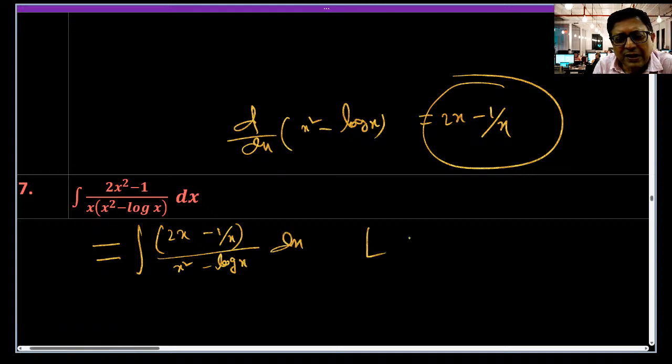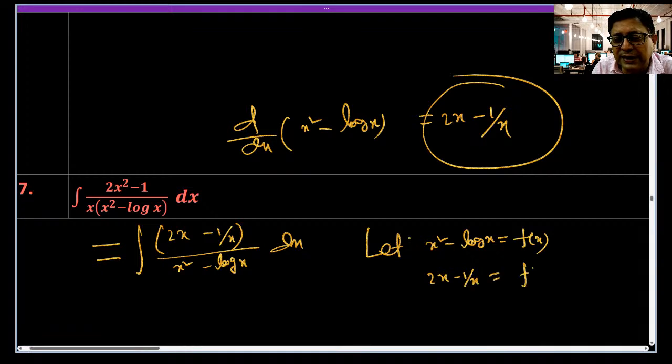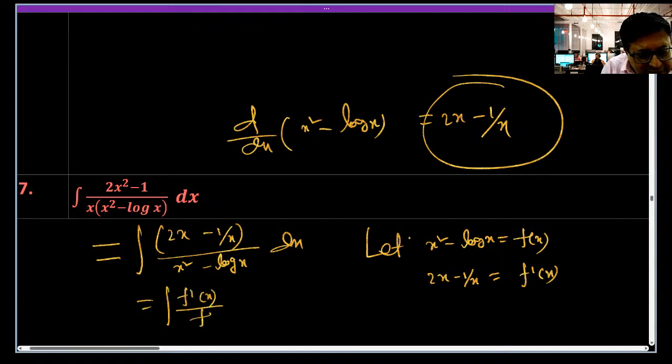If you divide by x, it is 2x minus 1 by x by x. Clear? Okay, this you take as f(x). We have to show which one f dash x takes. So 2x minus 1 by x, if you differentiate, this integrand is also of the form f dash x by f(x) dx. What's the answer?